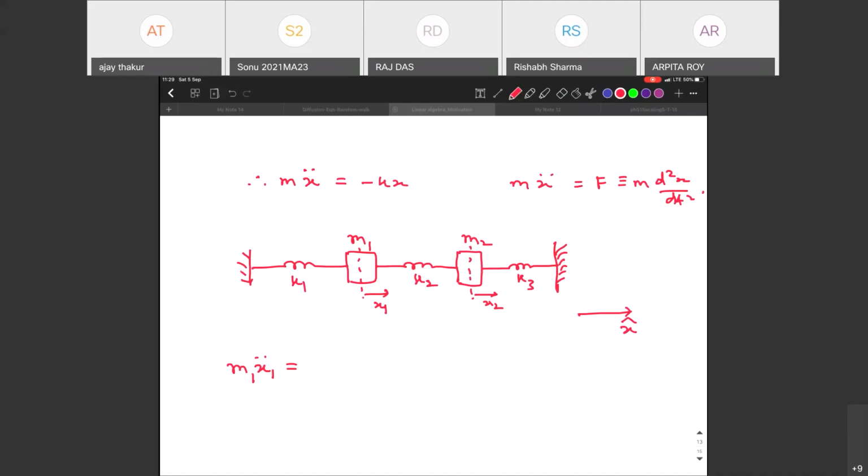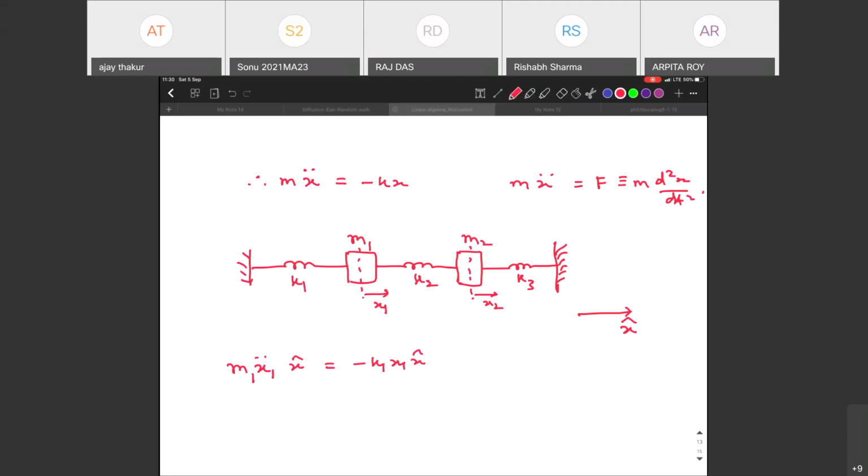So if we are writing a vector equation, it would be F equals minus k1 x1 x cap. Okay, that is the contribution from the x1 variable.